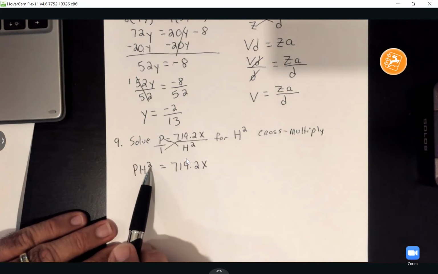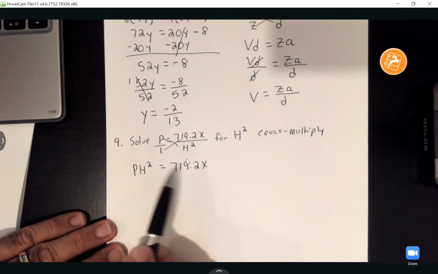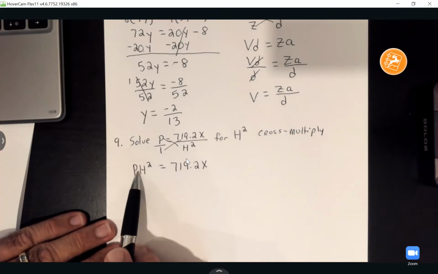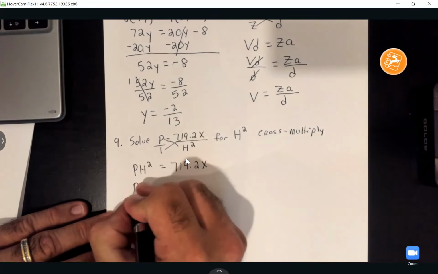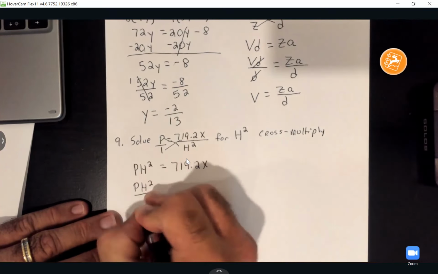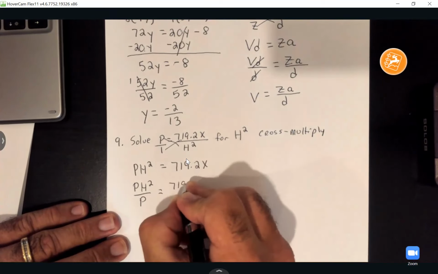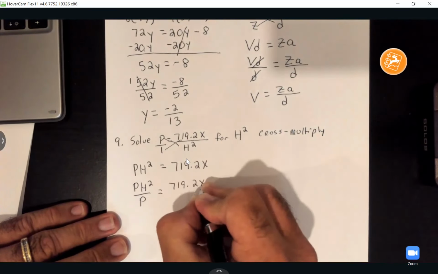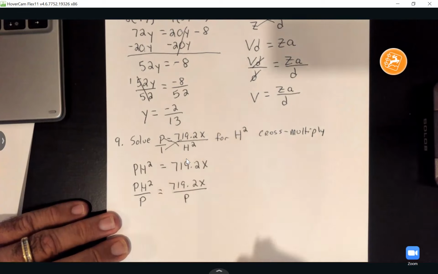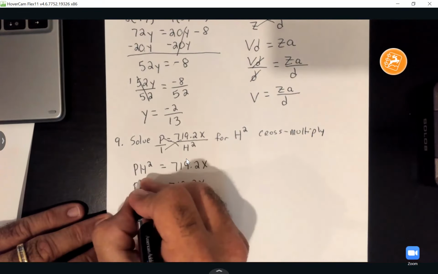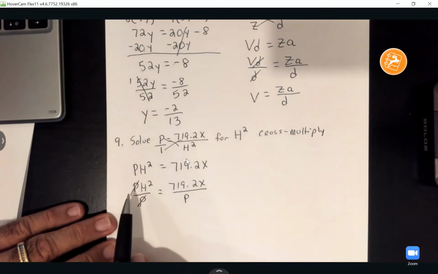Since the h squared is being multiplied by the p, we're going to divide both sides by that p. So the ph squared divided by p will equal the 719.2x divided by the p. So y'all look, these p's cancel, giving me a 1.